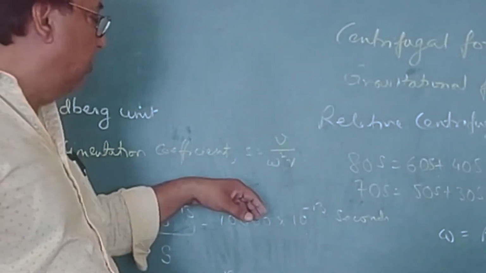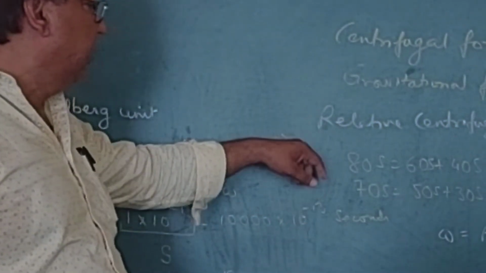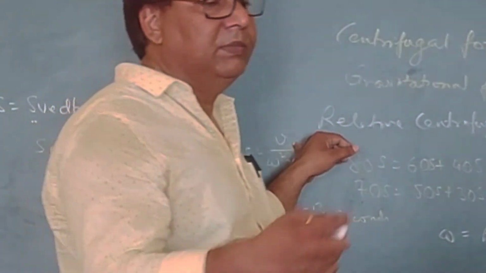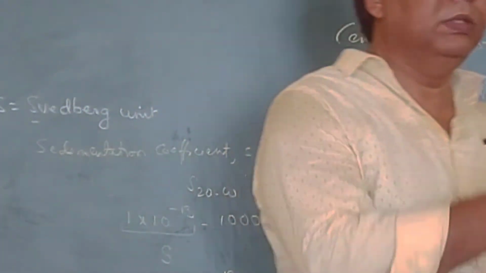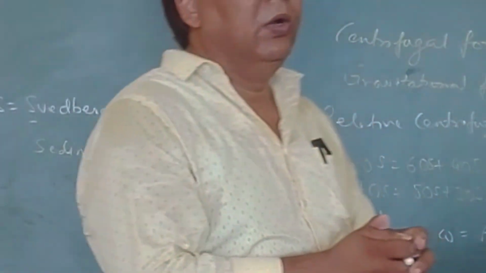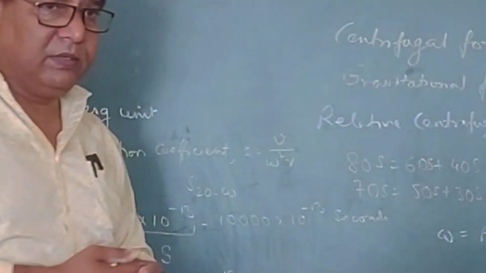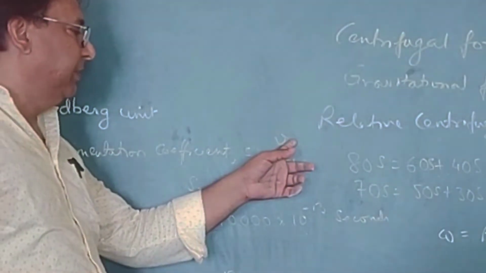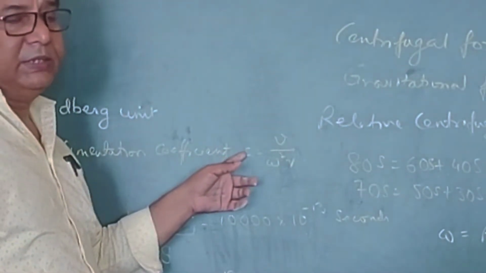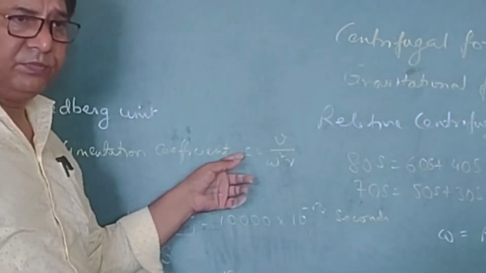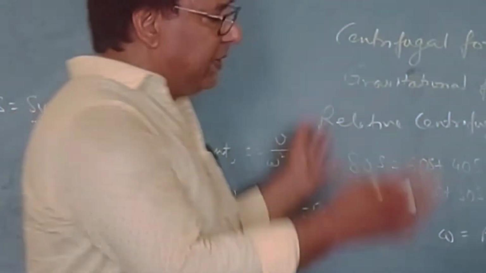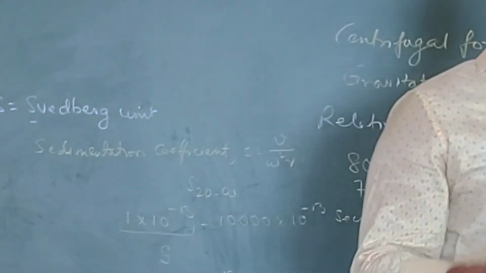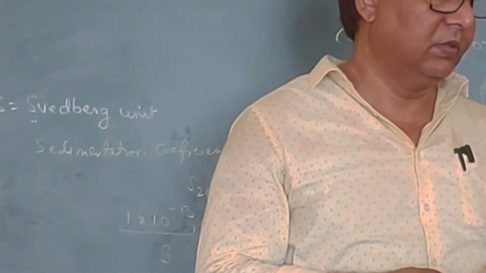Through RPM you can calculate omega, you have the R, and you can calculate V, because you know the density of the medium, the density of the particle, the radius of the particle. These are measurable quantities, so you can finally measure V, and ultimately you can calculate the sedimentation coefficient. So these are the different principles on which all types of centrifuges work.